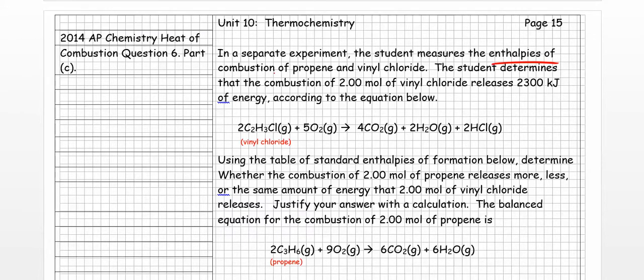Well, what we mean is the amount of heat per mole that is released when, in this case, propene and vinyl chloride are burned in the presence of oxygen. And we're going to go back into our memory banks and remember that enthalpy uses the symbol delta H, and I'm going to put a little C right here for combustion. So delta H of combustion is what we're going to be looking at for propene and vinyl chloride.